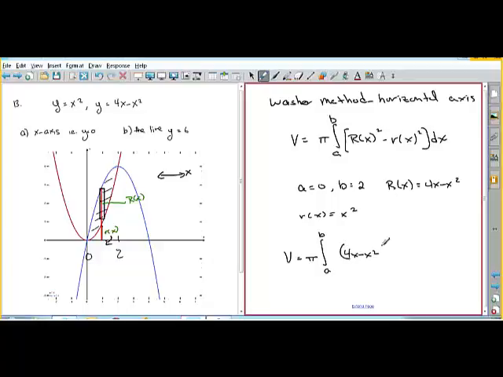So we have 4x minus x squared minus small r of x squared, all times dx, and I forgot to put the limits in. So that's 0 and 2.